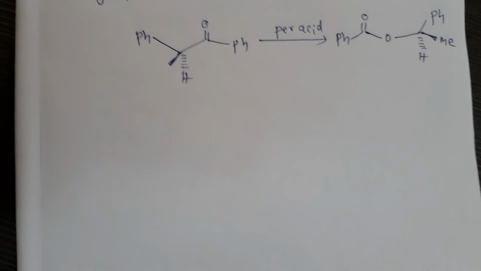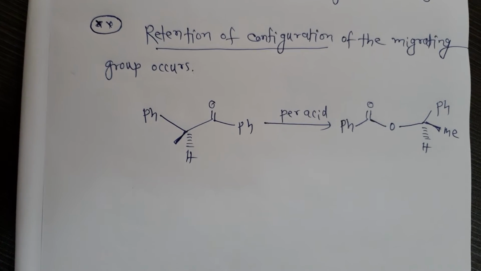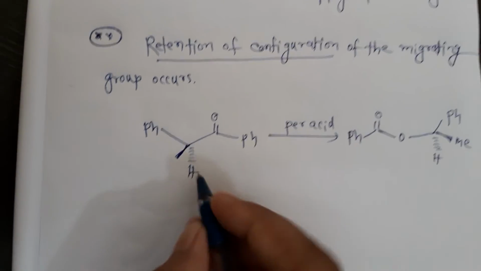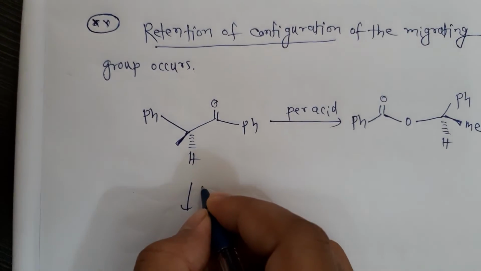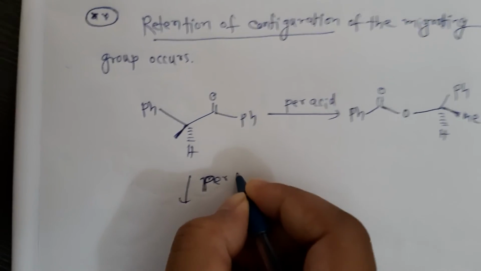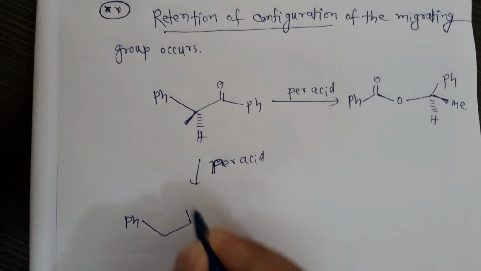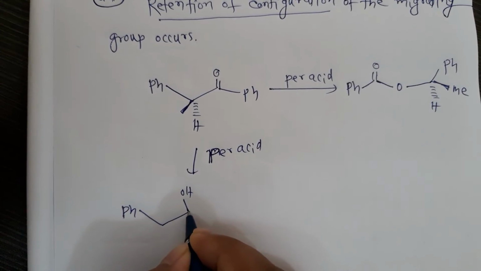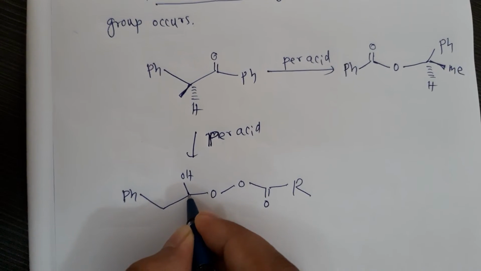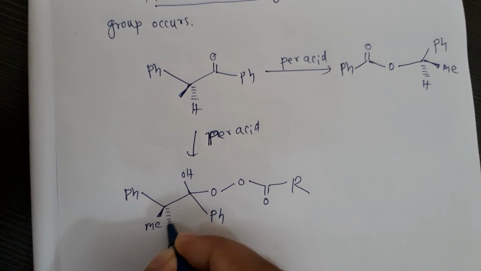Now if we consider the molecular orbitals, which orbitals take part in this reaction, let's see. If we give metachloroperbenzoic acid or any per acid, then the intermediate which is formed, Ph, OH, O, C double bonded to R group, suppose here Ph and here methyl, hydrogen.